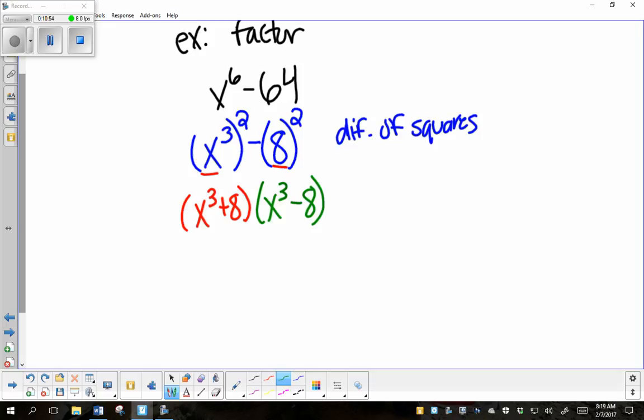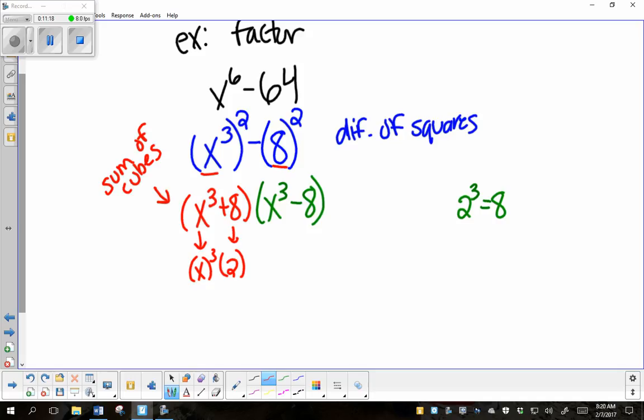But if you remember your cubes, remember that 2 cubed equals 8. So both of these are a sum and difference of cubes. So this first one is a sum of cubes, and the second one's a difference of cubes. Let's go ahead and factor this first one. This is x to the power of 3, and 8 is 2 to the power of 3.